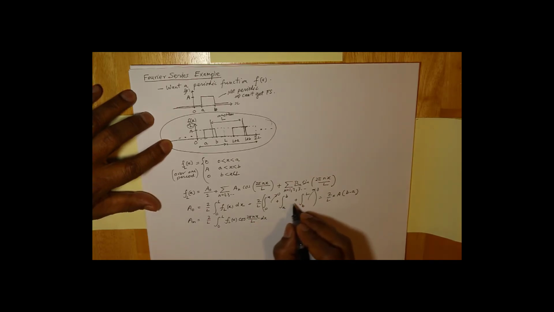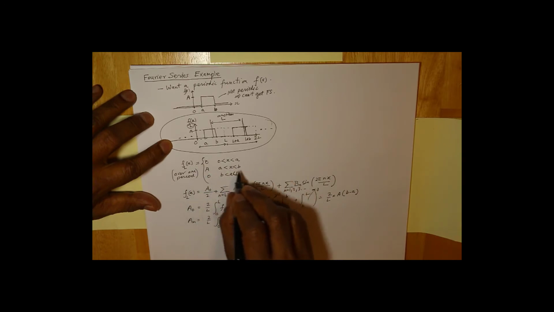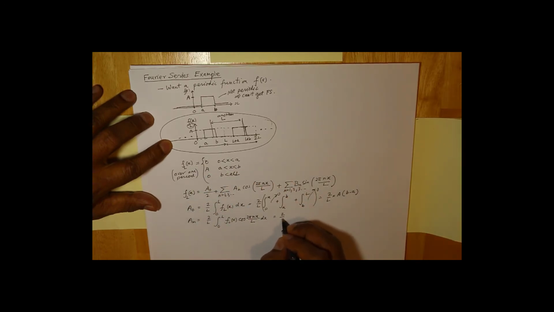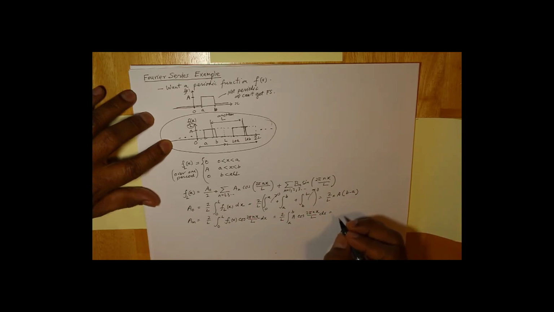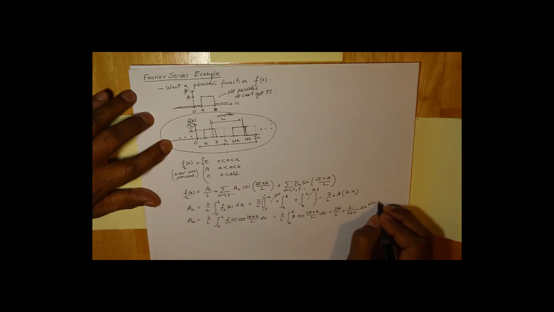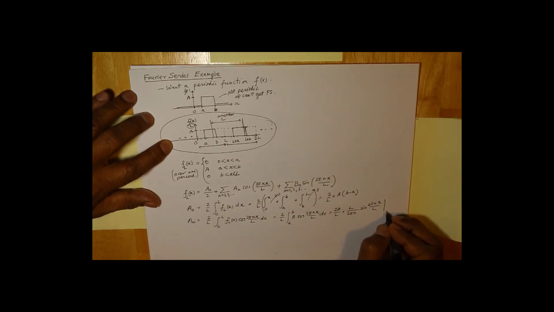Alright, so we already noticed that I don't need to worry about the zero parts, just a to b, and there I just get a constant times a cosine of 2 pi nx over L. So this is just a cosine integral, which will give me sine, so 2A over L times L over 2 pi n sine of 2 pi nx over L, evaluated from a to b.